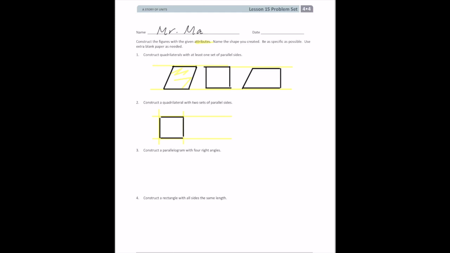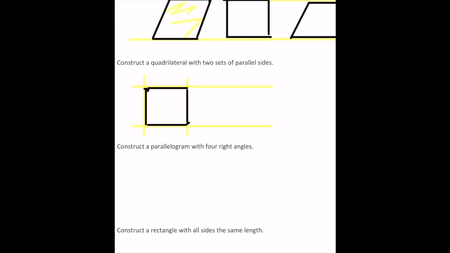Okay, so maybe that's some type of rectangle or square. Let's take a look at if it came out as a parallelogram. Okay, that could be a parallelogram. So those are two possibilities.